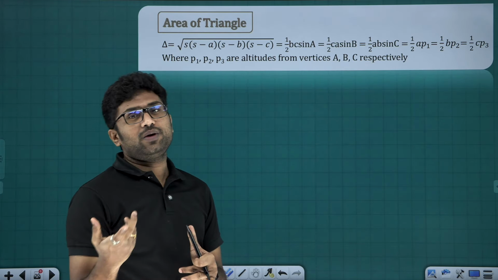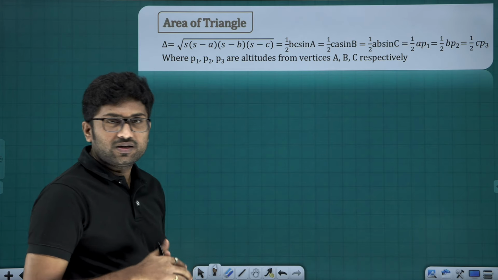Next, area of the triangle. Different formulas which can be expressed as delta.